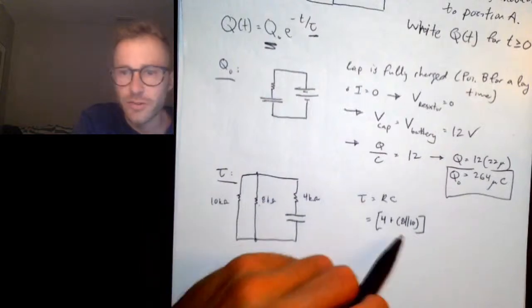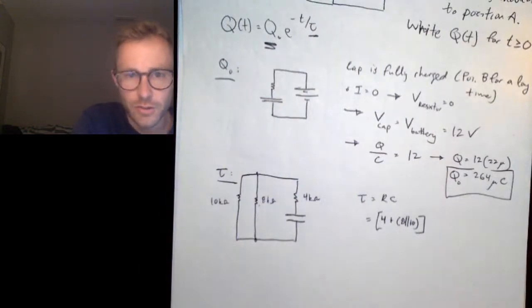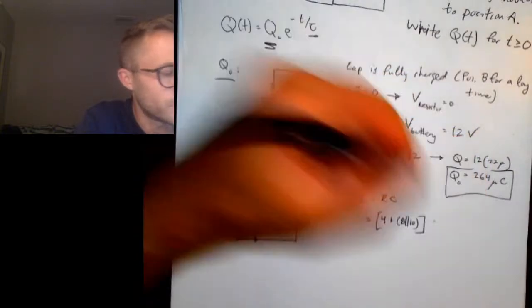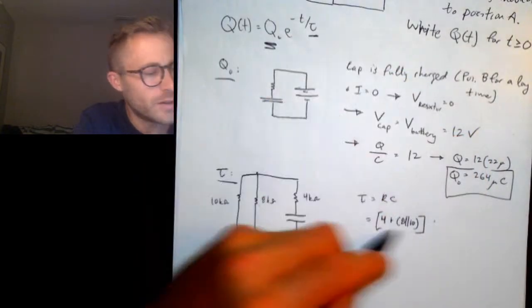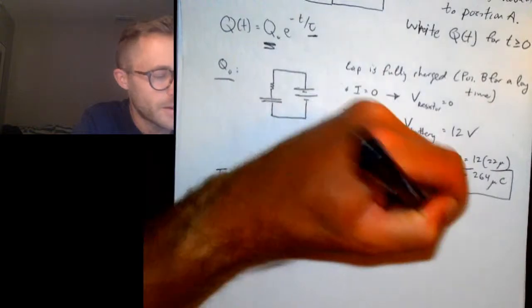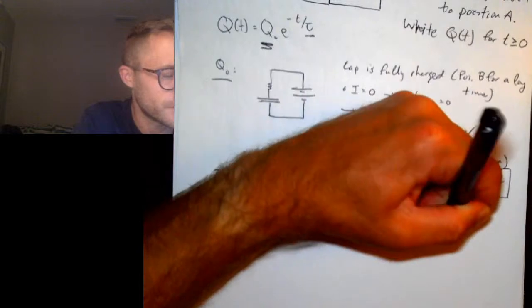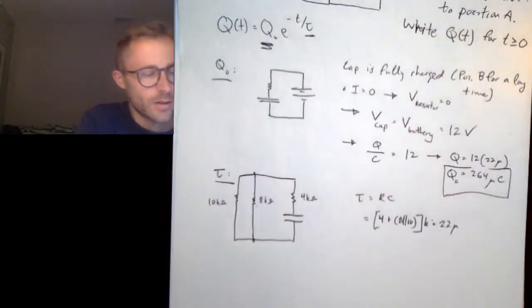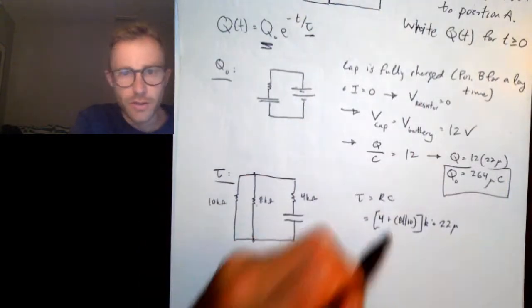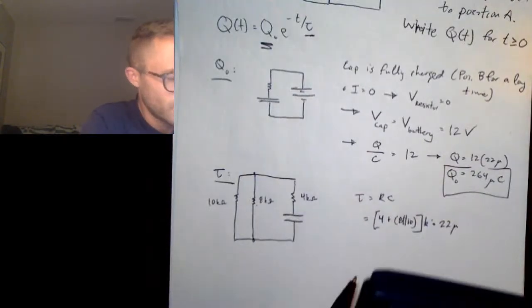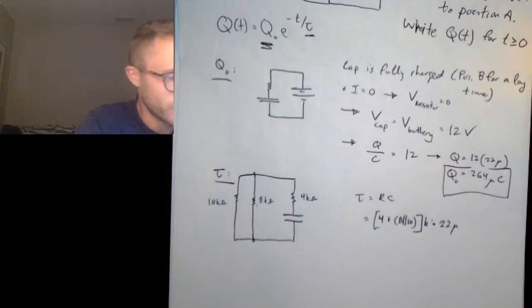Okay? That's the resistance that it is discharging through. And then the capacitance was, so it's this many kilo ohms times 22 microfarads. All right, so I'm going to do this calculation, I'm not going to show it just in the interest of time.